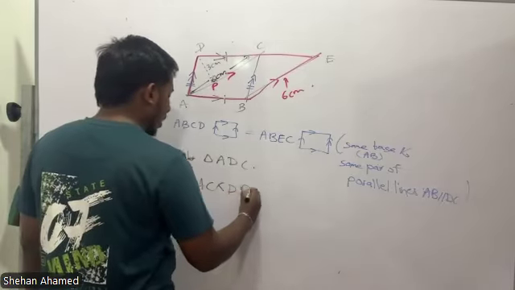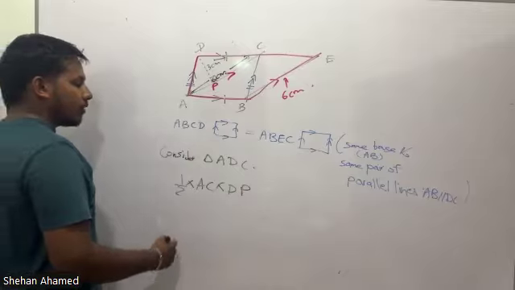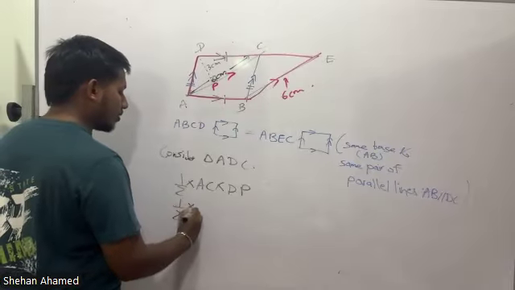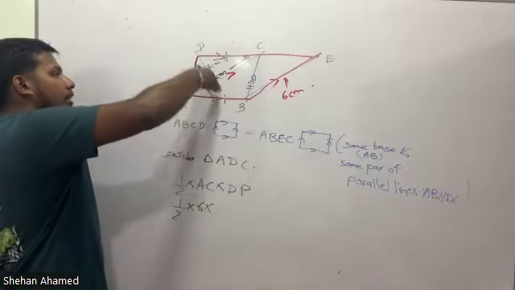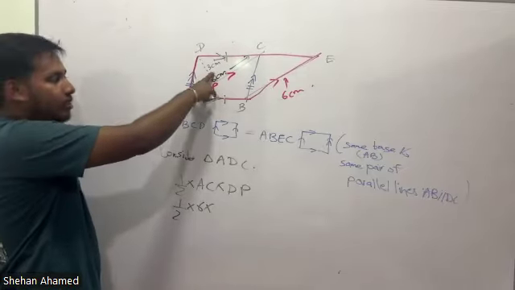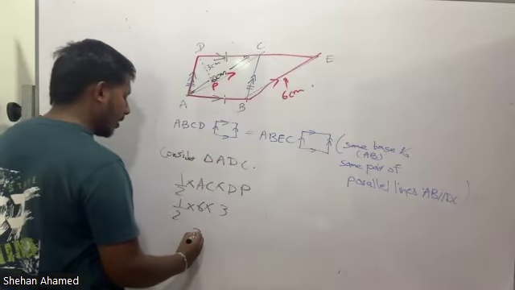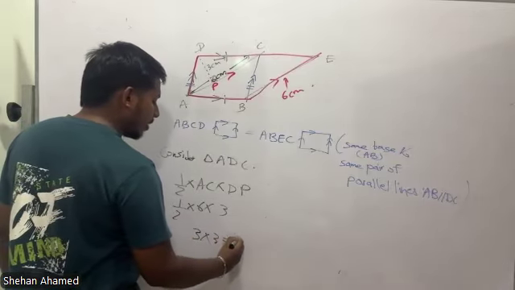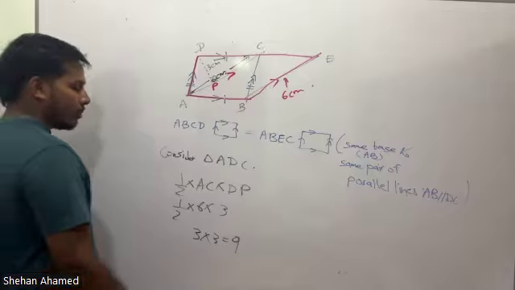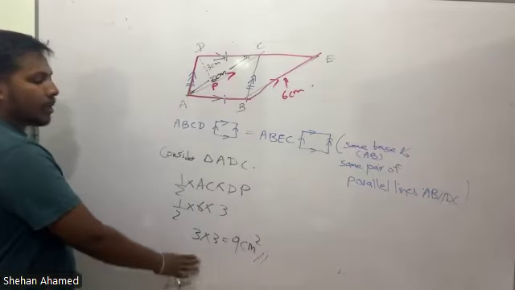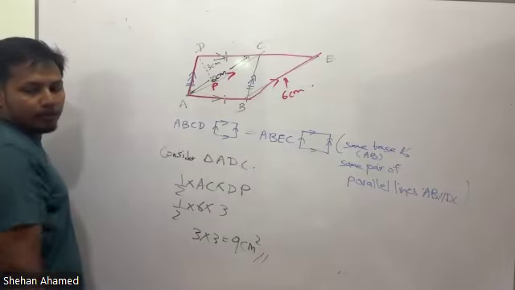AC is 6 centimeters, half into 6, and DP is given in the question as 3 centimeters. 6 divided by 2 is 3. 3 times 3, the final answer is 9 centimeters squared. This is the area of one triangle.